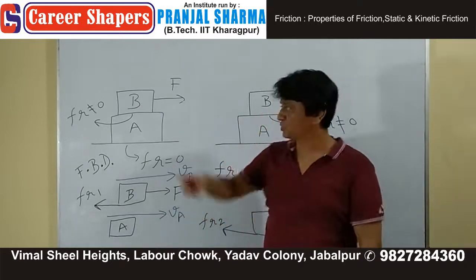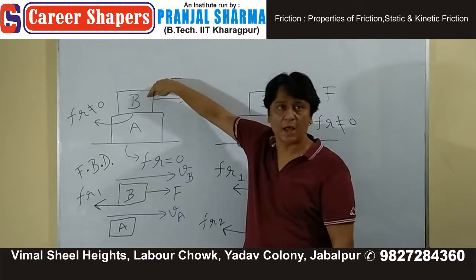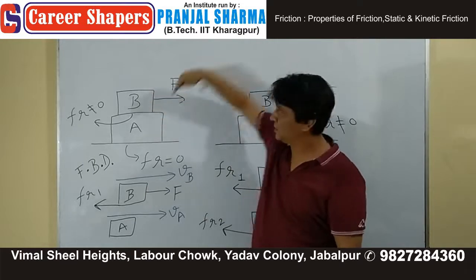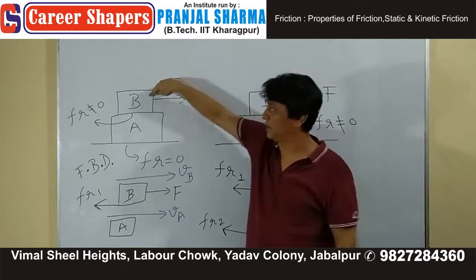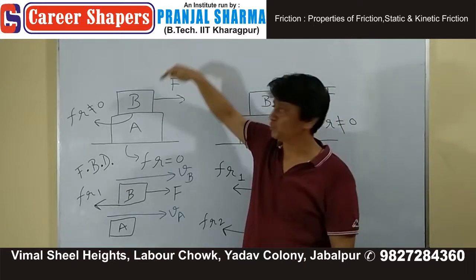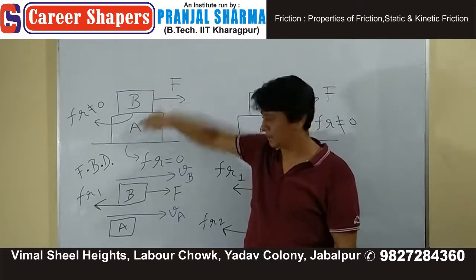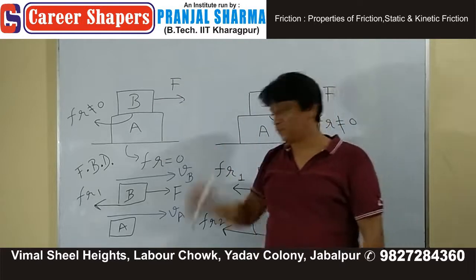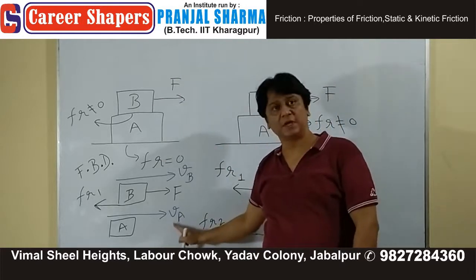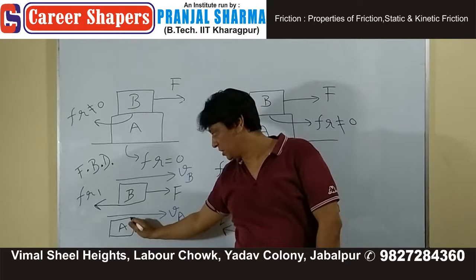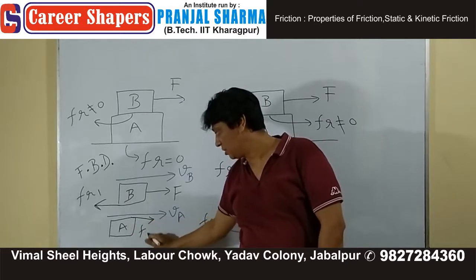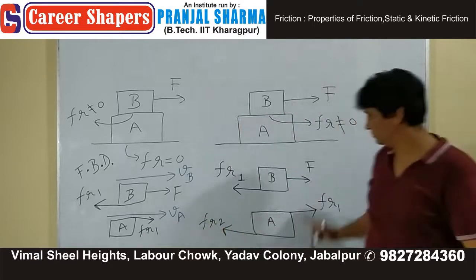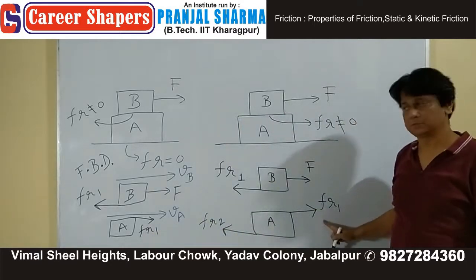It's that force which B exerts on A. This is the force which you exerted on B. But what is the force which B exerts on A? That force only produces eastward motion, and therefore this is the direction of FR1, which is this.